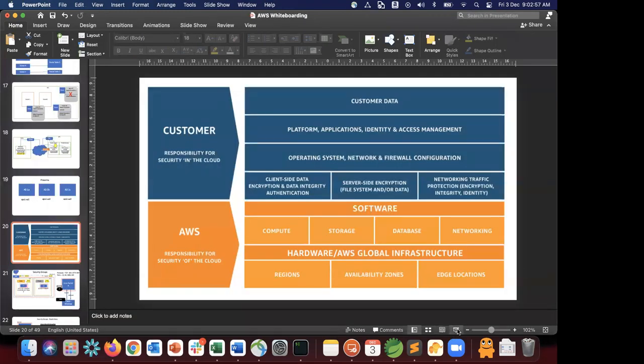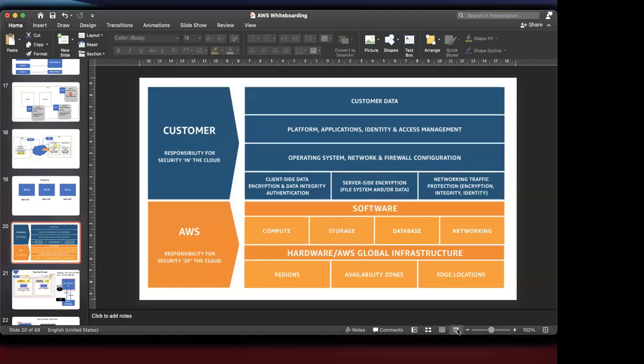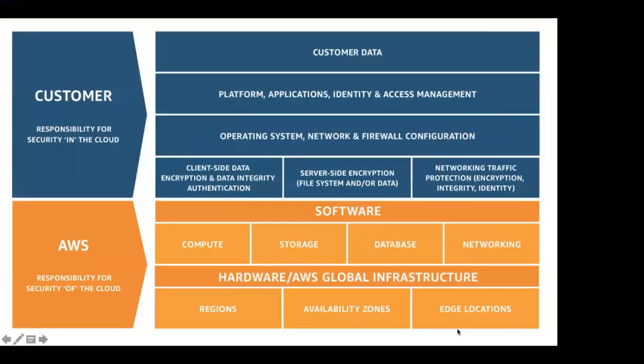Before we jump into the security groups, I want to introduce you to something which AWS does. It's called a shared responsibility model. What is the definition of responsibility? Can somebody answer? To take care of something. Perfect. To take care of something, and to basically own that activity, right?